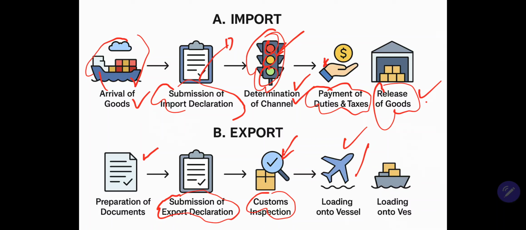If there is no issue in all the process, next is loading onto vessel, through air freight or through sea freight. After receiving the export approval, the goods are loaded onto the ship or airplane for shipment abroad.